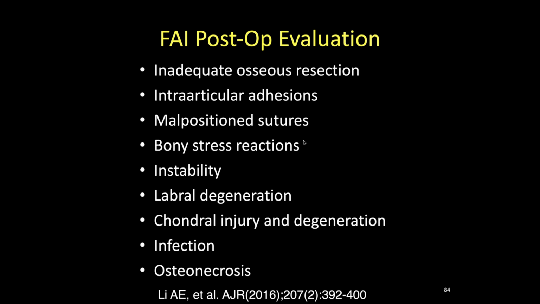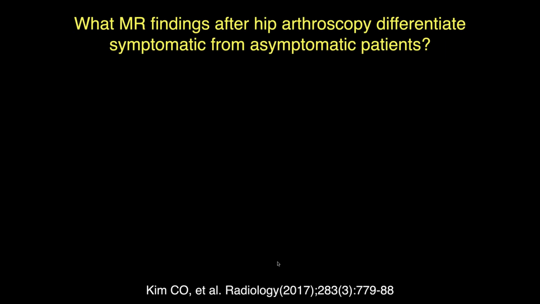Malpositioning of the sutures, which I find something they can't really evaluate by our imaging studies, but by repeated arthroscopy. Bony stress reactions are a negative outcome. If we see evidence of instability, labral degeneration, chondral injury and degeneration, worsening, infection, and osteonecrosis are things to look for after the patients have had surgery.